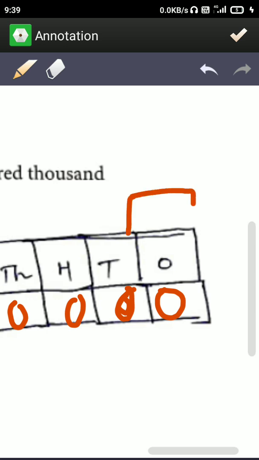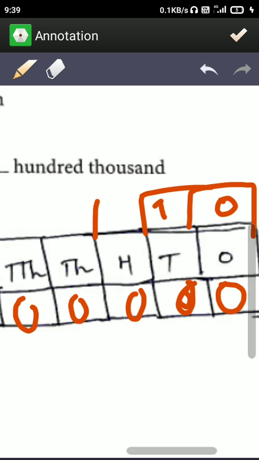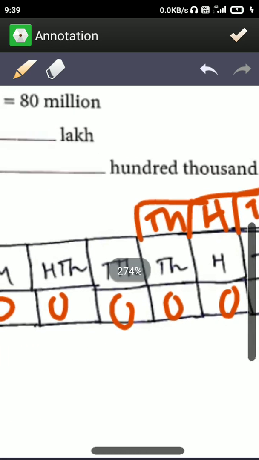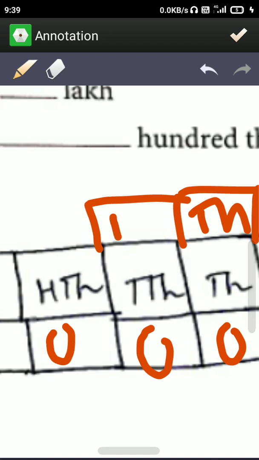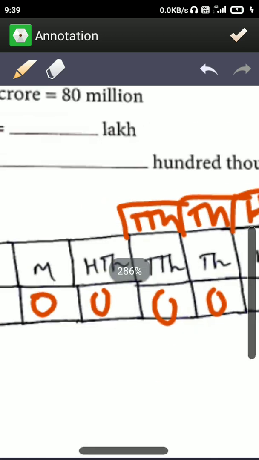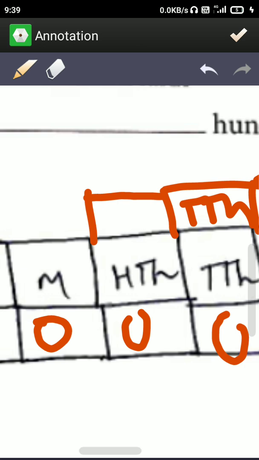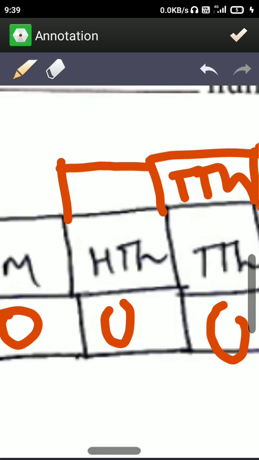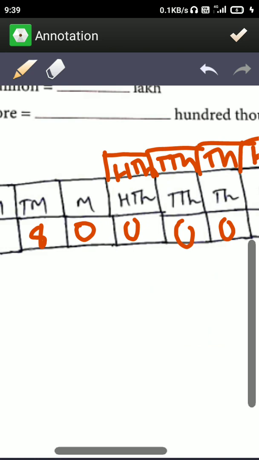Here ones, tens, hundreds, thousands, 10,000, and then lakh, since it is the Indian system of numeration.